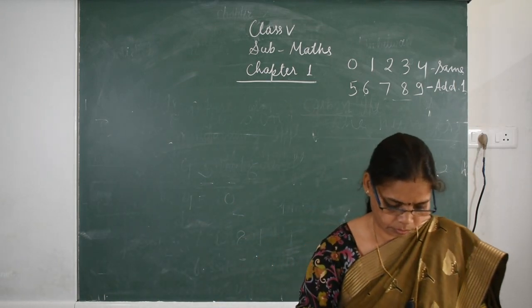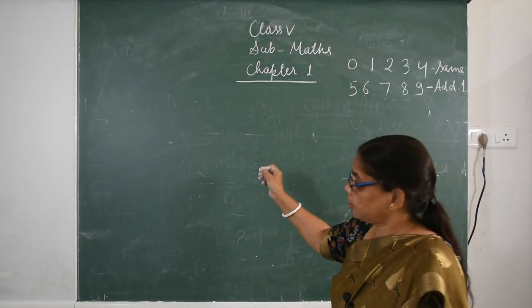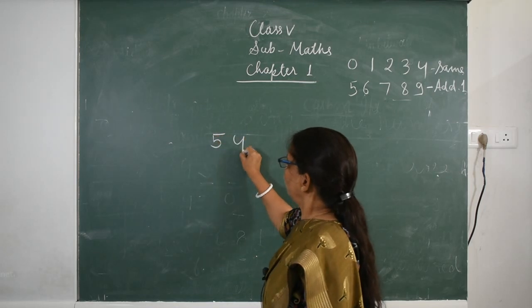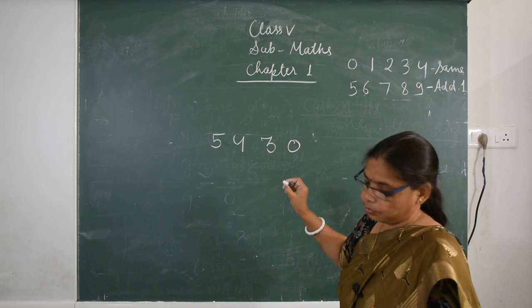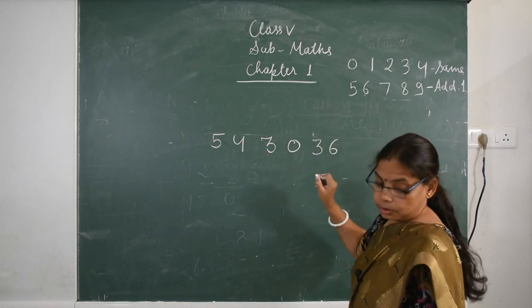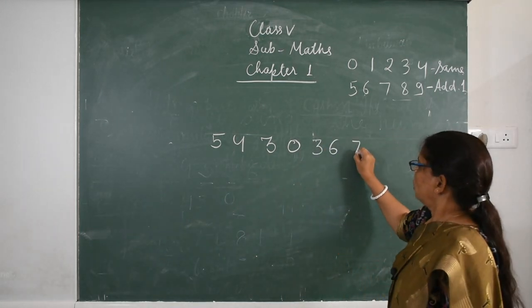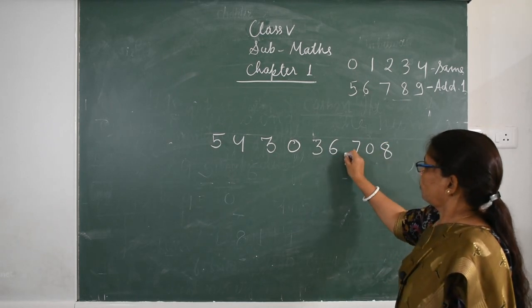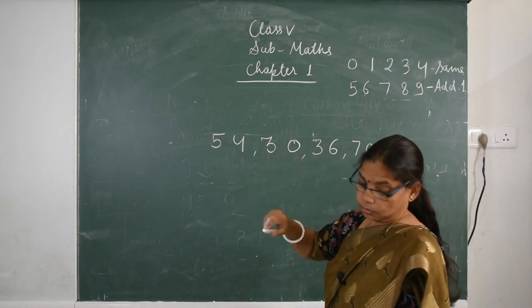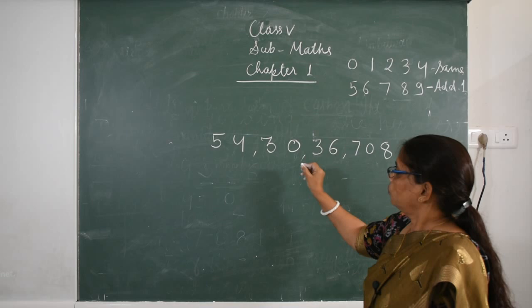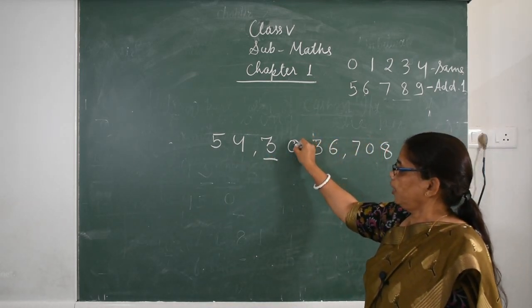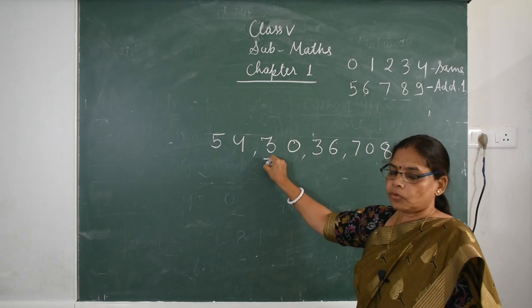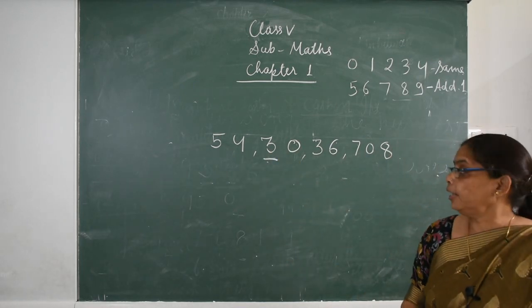Take another example. 5, 4, 3, 0, 3, 6, 7, 0, 8. Here, ones, tens, 100, 1000, 10,000, lakh and 10 lakh. We have to round the 10 lakh place.